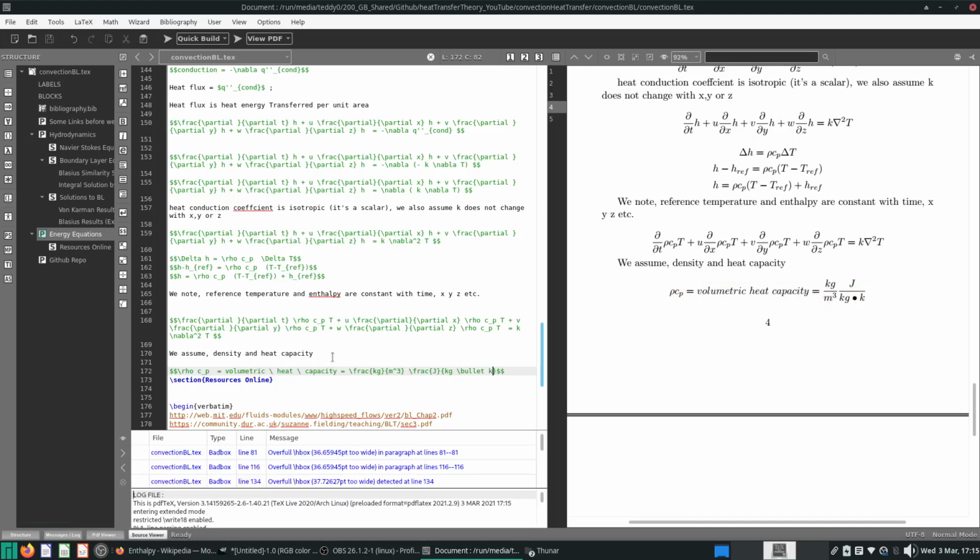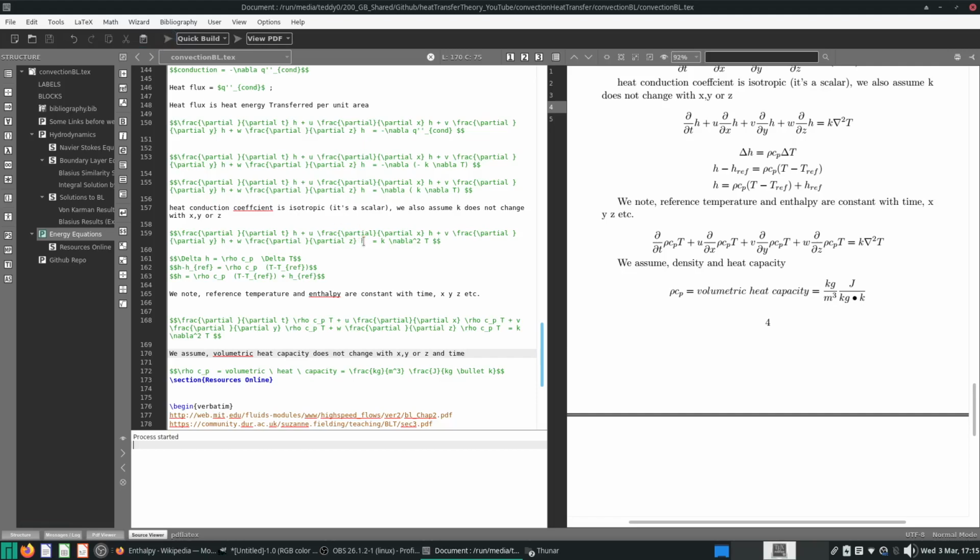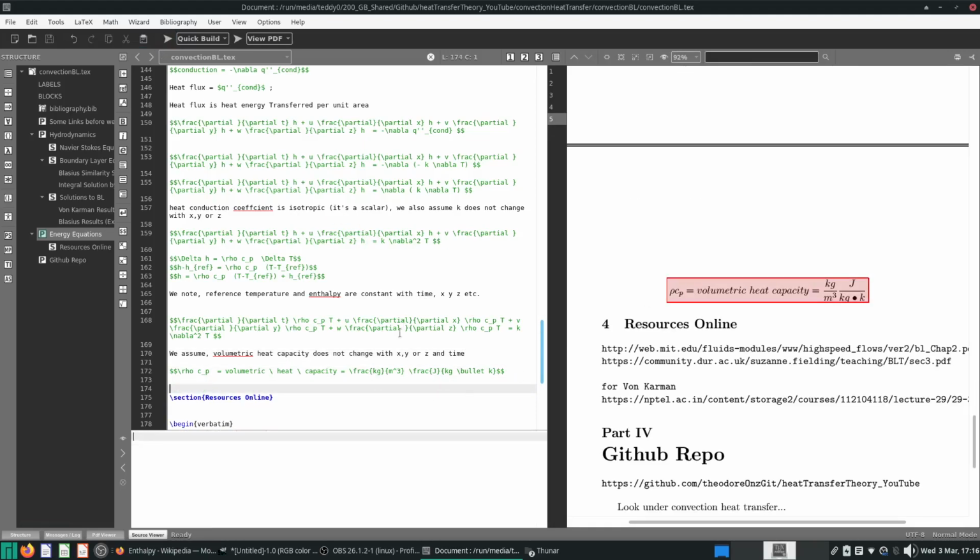Then you have a volumetric heat capacity there. Assume volumetric heat capacity does not change with x, y, or z, and time.